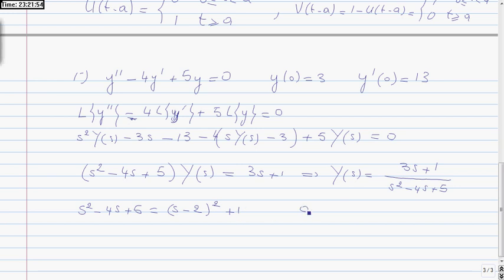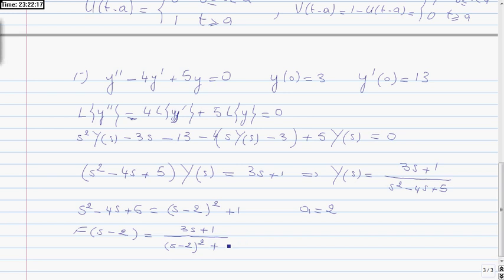So if we use the first translation theorem, the value of a should be 2. Now we take the function as a function of s minus 2, which is now 3s plus 1, and the denominator we write as s minus 2 squared plus 1.